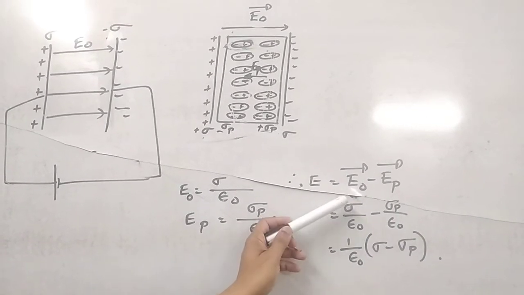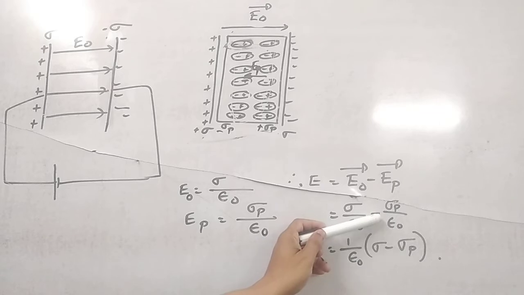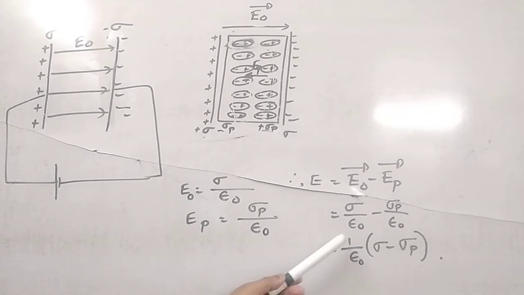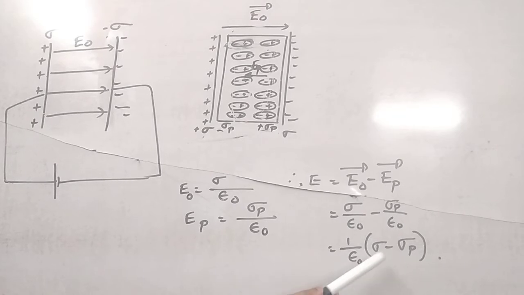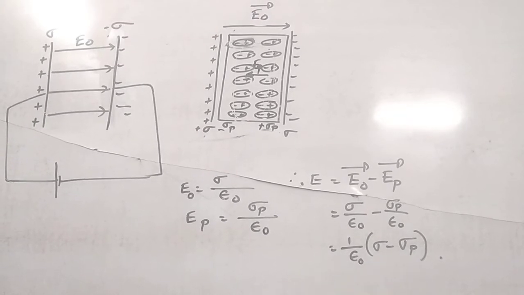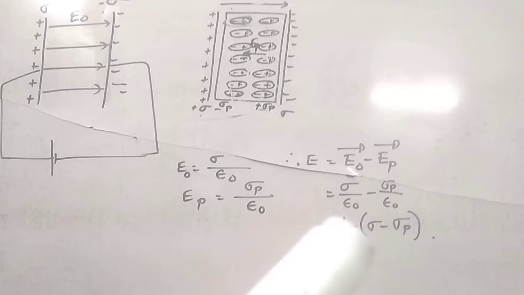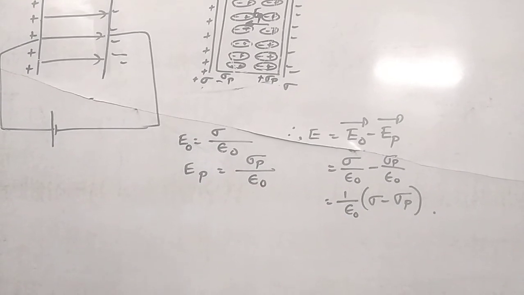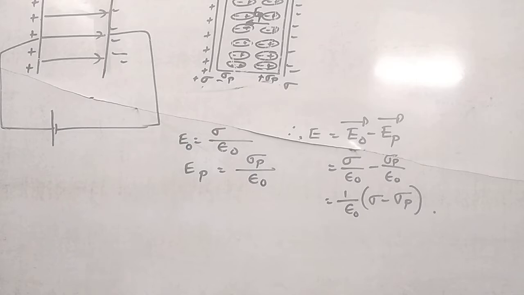That means sigma by epsilon naught minus sigma p by epsilon naught. So we can take 1 by epsilon naught common, equal to 1 by epsilon naught times (sigma minus sigma p). This is about the polarization of dielectrics.